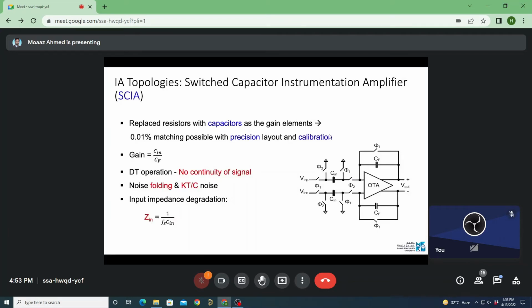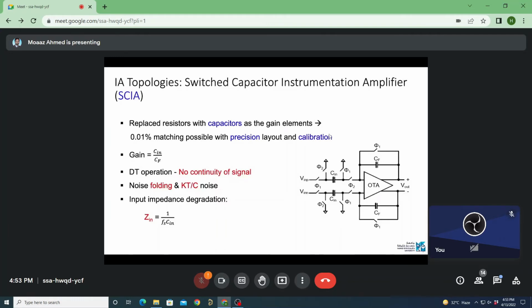As we saw in the class, the integrator is also the same: during phase 1, the capacitor C is charged, and during phase 2, the capacitor is discharged. Yeah, that's a good question. Anyone else from the class? I think I have to point to Mr. Zuhair.